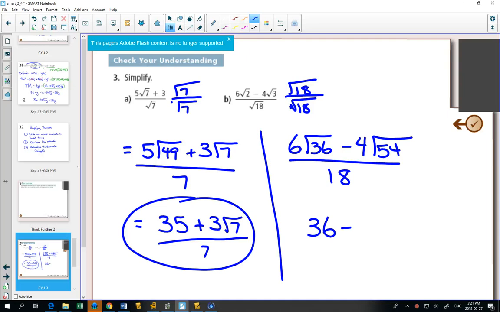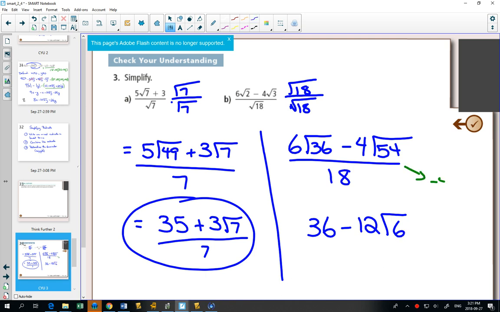Then that's not simplifying. Simplifying means writing as a mixed radical in lowest terms. So is this a mixed radical in lowest terms? No, what can you break up 54? 9 times 6. So if 54 is 9 times 6, and the square root of 9 is 3, 3 times 4 will be negative 12 root 6. Okay.